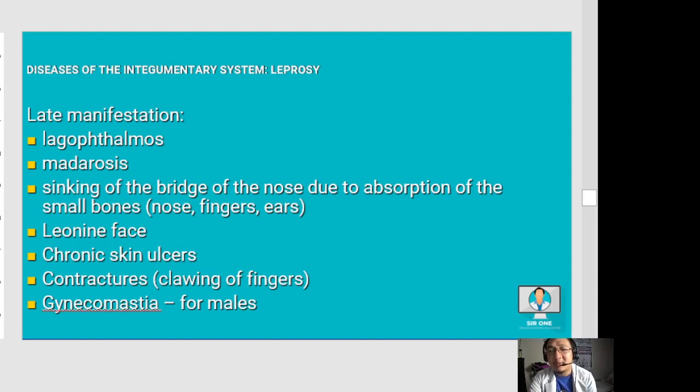That usually happens not only in the nose but also in the fingers and ears. Then one of its characteristic manifestations, the leonine face, chronic skin ulcers, contractures, or the clawing of fingers, and in males, gynecomastia is manifested.